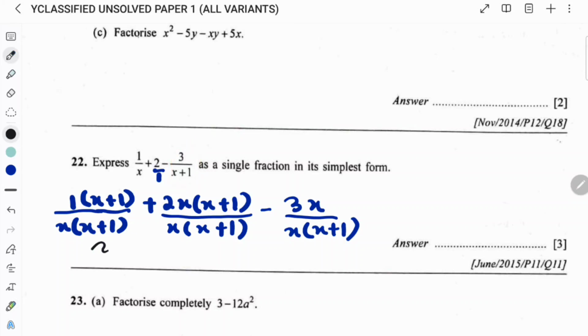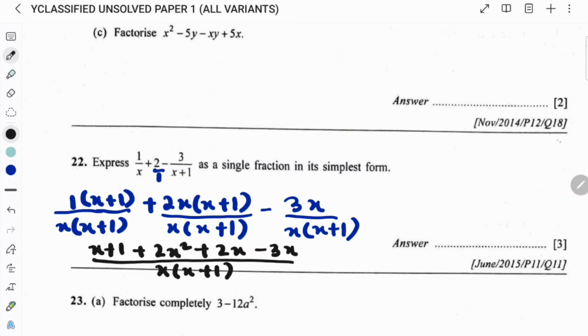So now you just combine all of them: x plus 1, and then you have 2x square, and you have 2x, and you have minus 3x, and the denominator is the whole x into (x plus 1). Now simplify. 2x square is there, and 2x and x will become 3x.